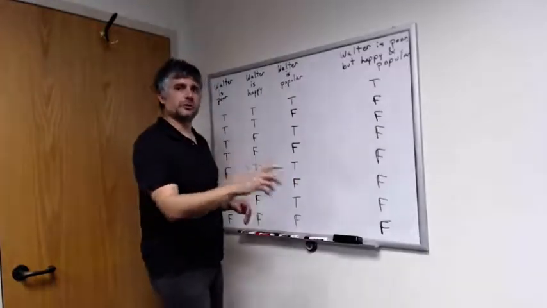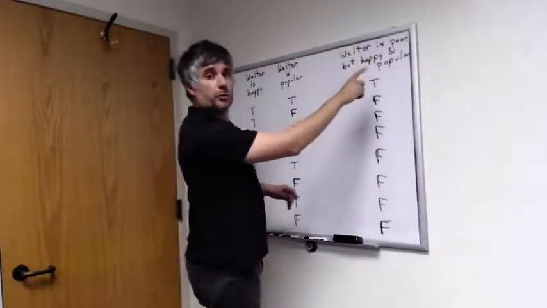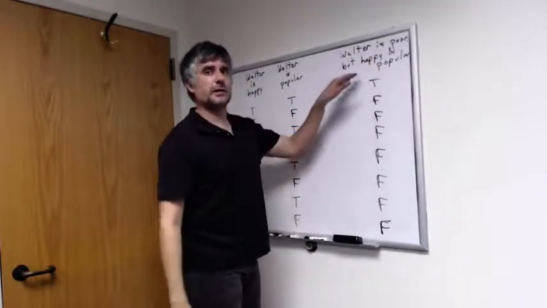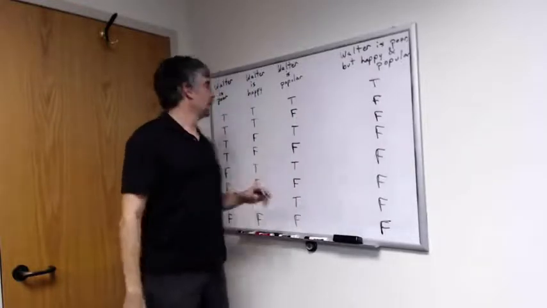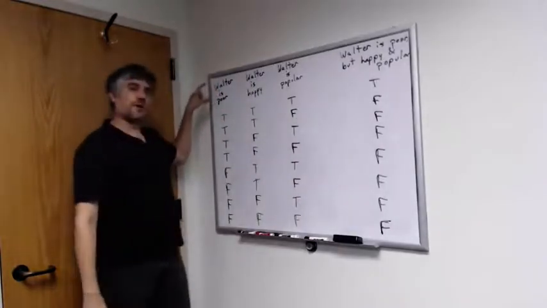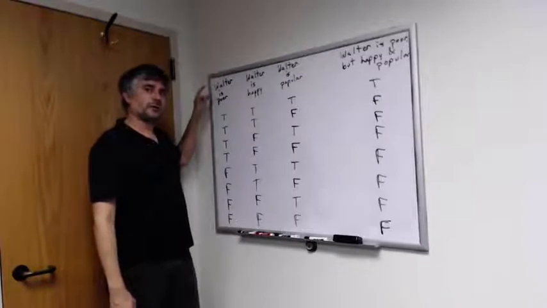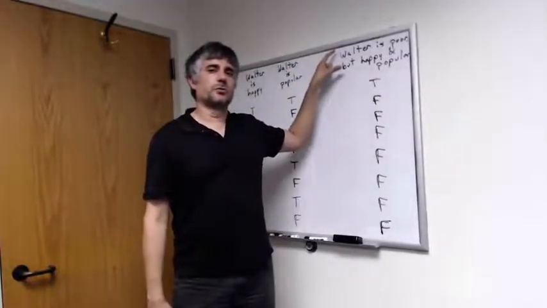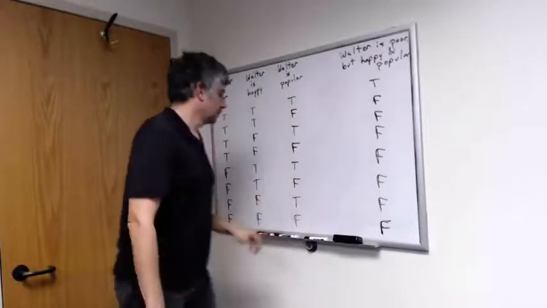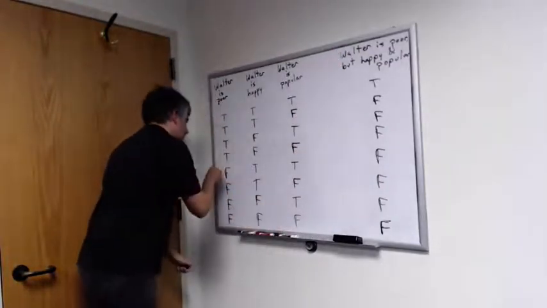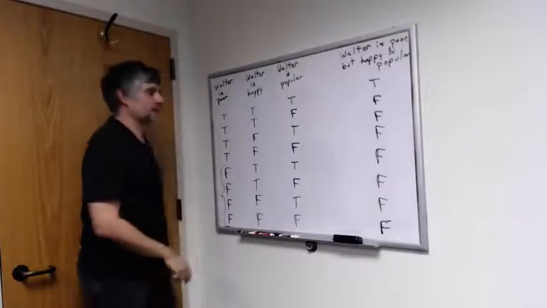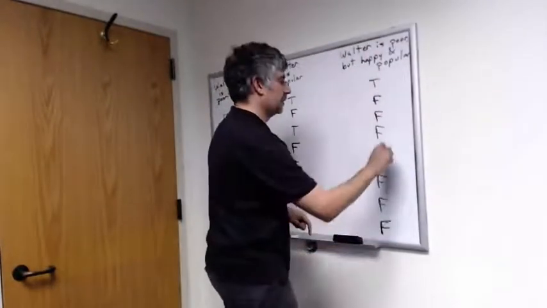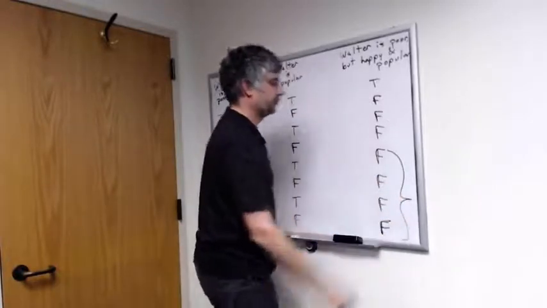So when is it going to be true that Walter is poor, but happy and popular? Well, if it's false that Walter is poor, then it's definitely not going to be true that Walter is poor but happy and popular. So in all of these situations right down here, Walter is poor but happy and popular is going to be false.